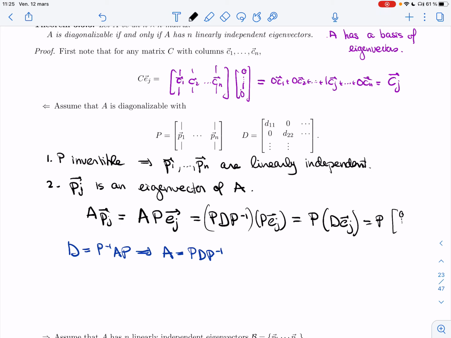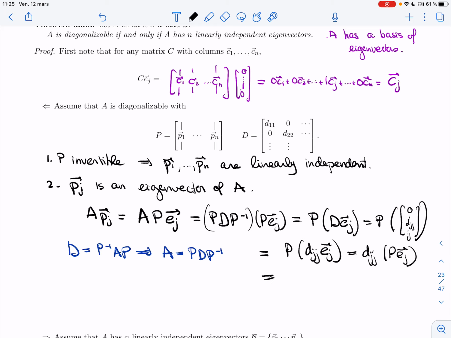So the jth column would be djj with zeros elsewhere. And so now I'm going to write this as djj ej, and the djj is just a number, so I could pass it through the matrix, and then this is going to give me the jth column of P, and so I get djj pj.